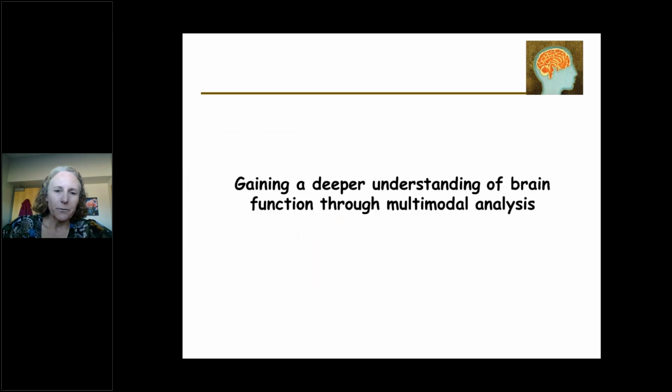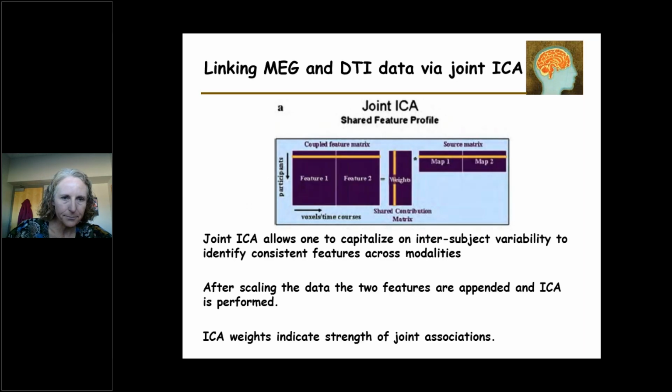So I've been focusing mostly on MEG results, but I do think it's important to continue to do multimodal analysis, and we've been doing this through a number of different studies. We use an approach called joint ICA, which allows you to integrate both MEG and DTI data. It actually allows you to integrate many different types of data.